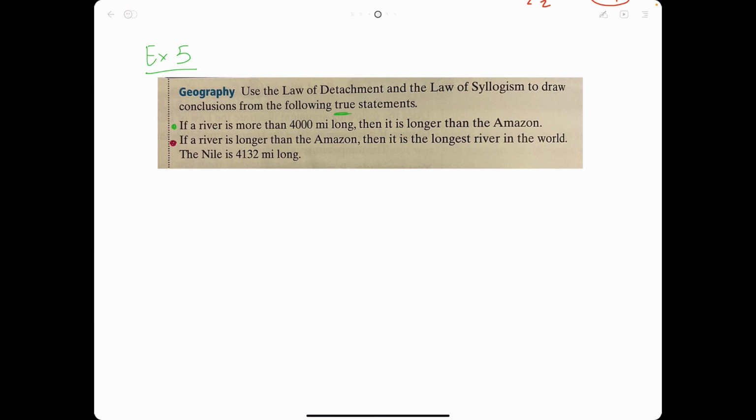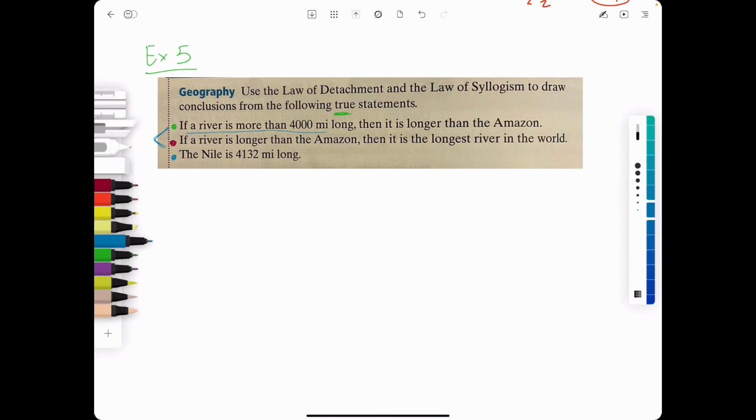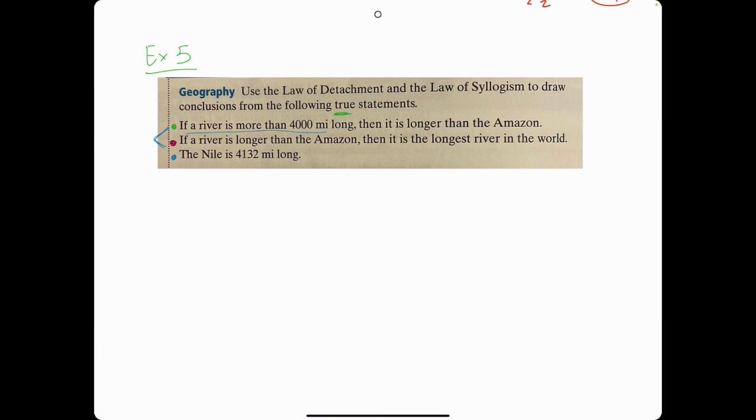Okay, so then we have the final statement that they're giving us. The Nile is 4,132 miles long. Ooh, okay, well, let's simplify those first two conditionals first. If a river is more than 4,000 miles long, there's my first hypothesis, and then it is longer than the Amazon. It sounds familiar too.